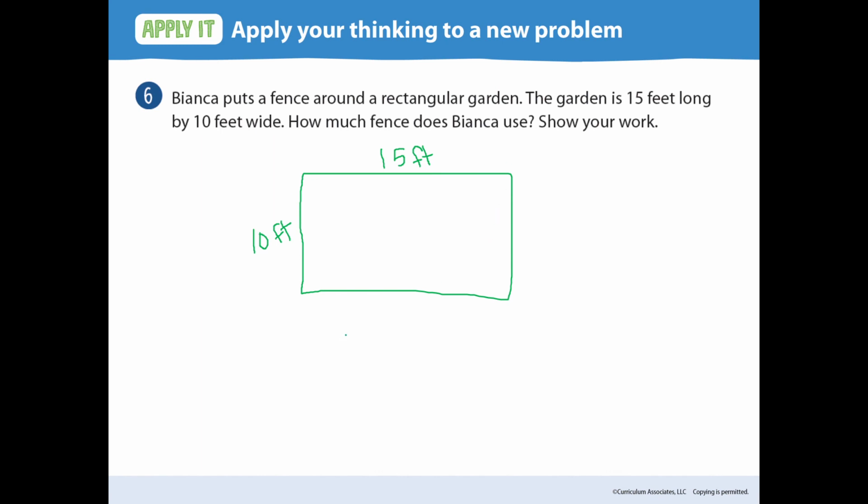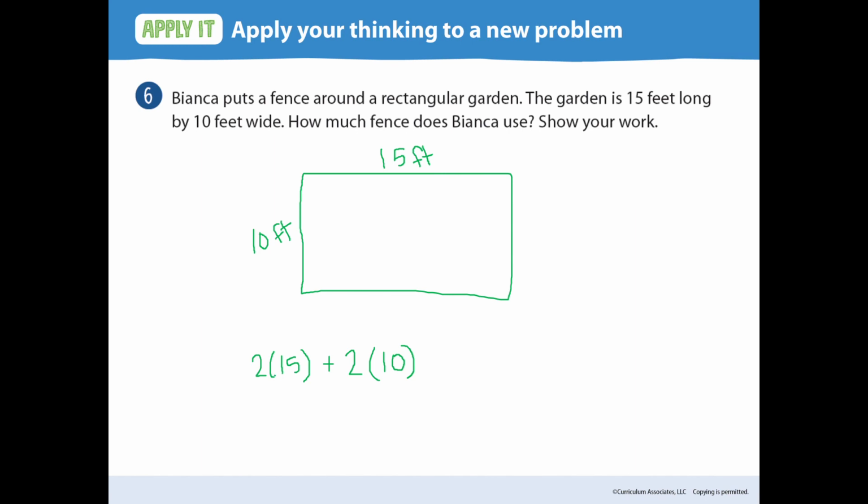So I am actually going to use the multiplication formula. So I'm going to say 2 times 15 plus 2 times 10. You'll notice I used that parenthesis trick here where if it's right next to the parentheses, that means to multiply.